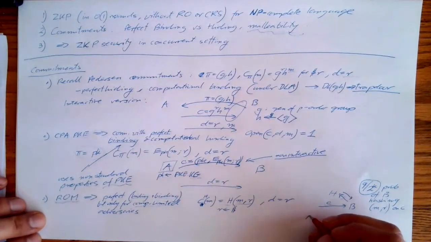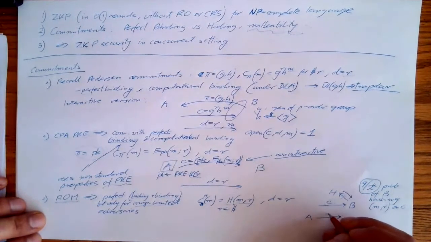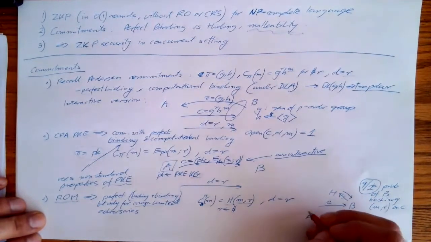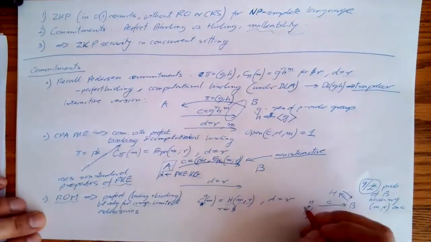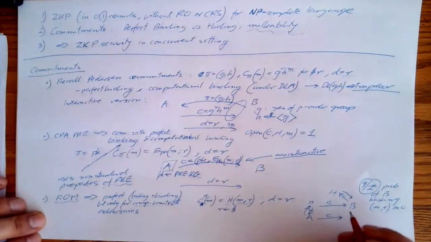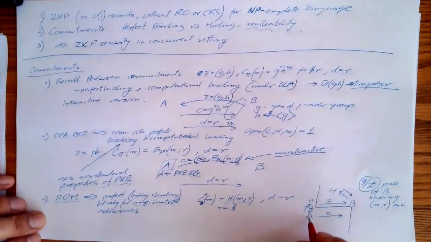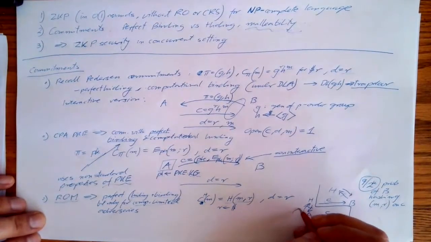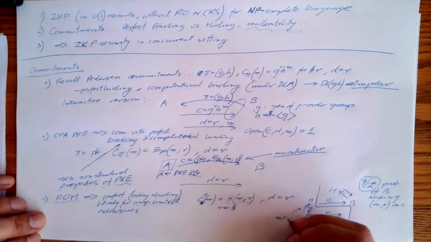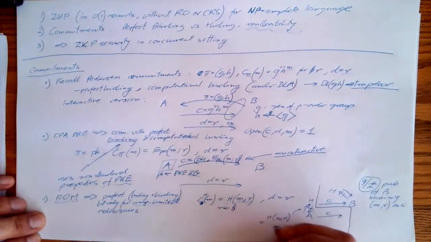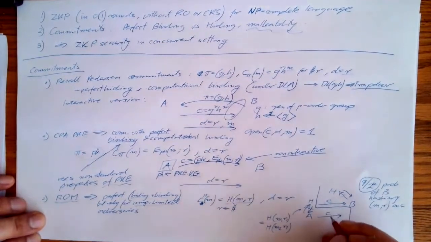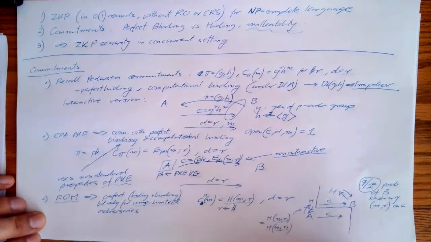Likewise, binding. How can this guy decommit in two ways? Well, he queries the hash function, and what's the only case which allows A to cheat? Well, he needs to find M1, R1 and M2, R2 that hash to the same value. Then he can create a, quote unquote, commitment which will have two different openings.